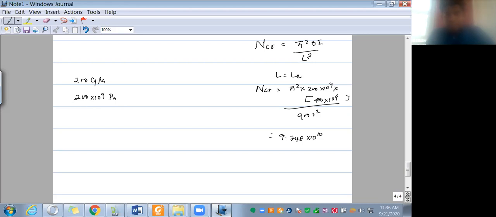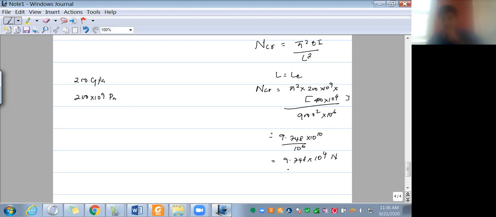So then I have to divide this by another 10 to the 6. So that is 9.748 into 10 to the 4 Newton.